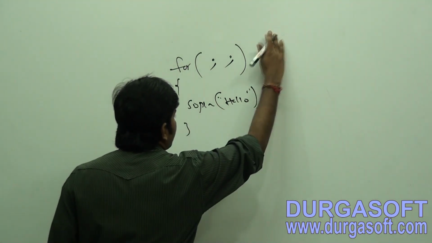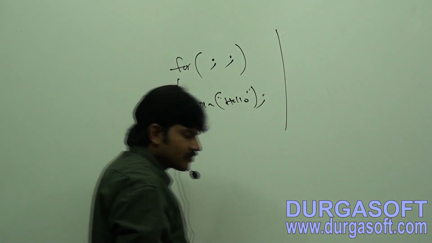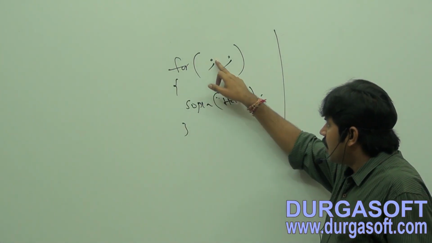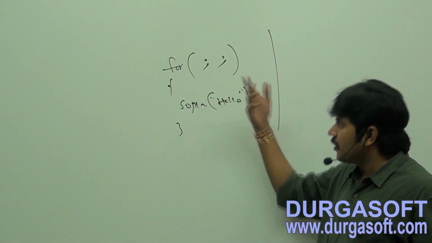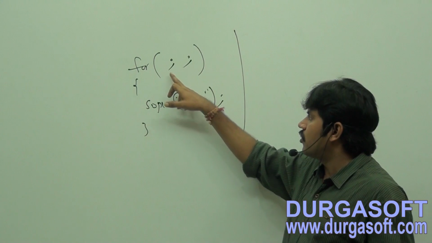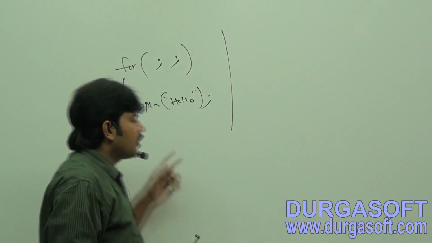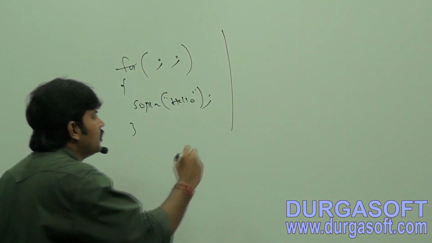Can you tell is it valid or not? Yes, all three parts of the for loop are optional and independent of each other. So hello will be executed. How many times will hello be printed? Infinite number of times. It's an infinite loop.